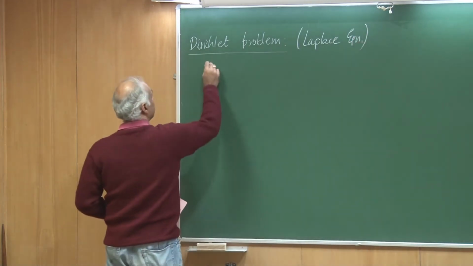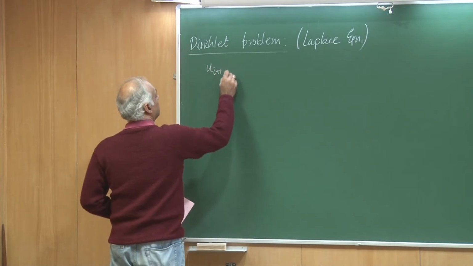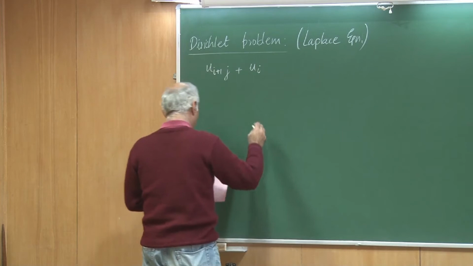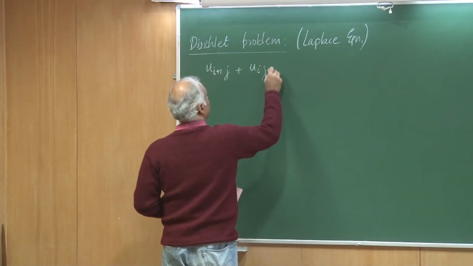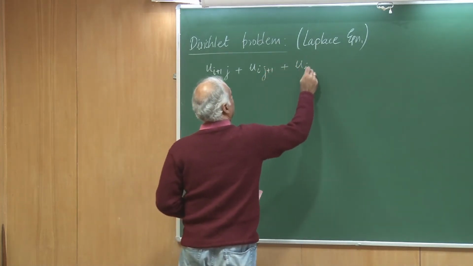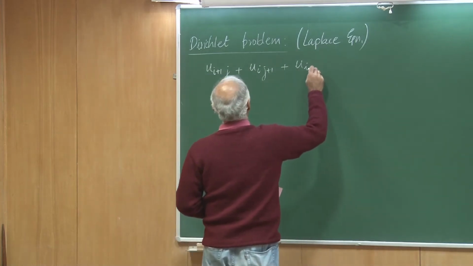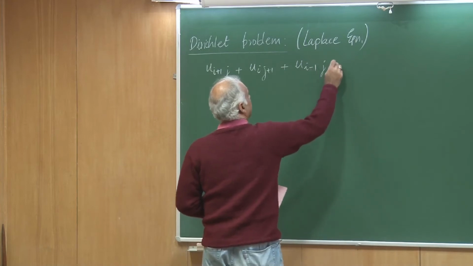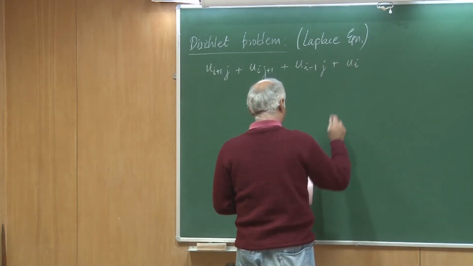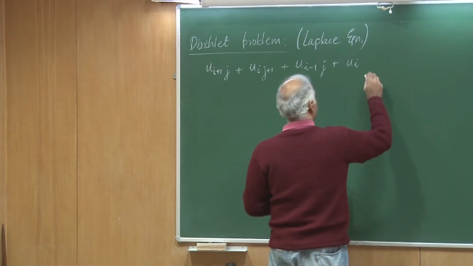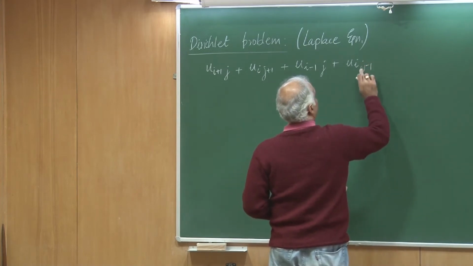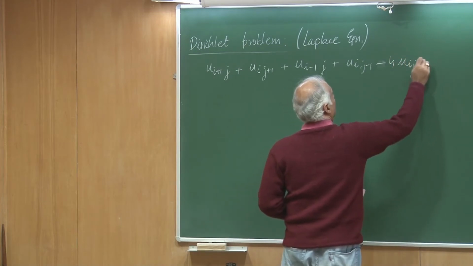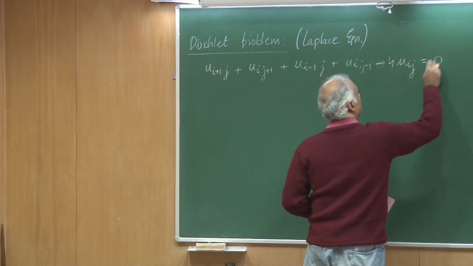And we found out this is u(i+1,j) plus u(i,j+1) plus u(i-1,j) plus u(i,j-1) minus 4 u(i,j), this is 0.